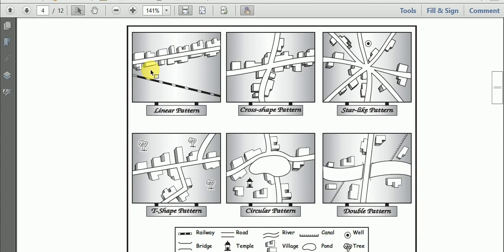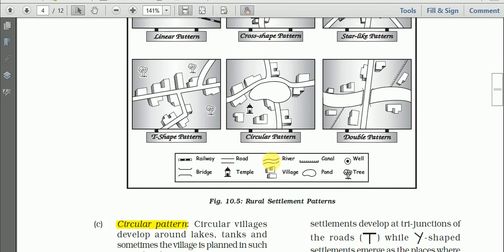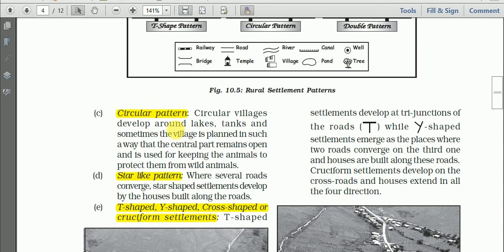Linear is there, cross shape, star pattern, T shape, circular, double pattern. So let us read. The third important type of settlement pattern is circular.